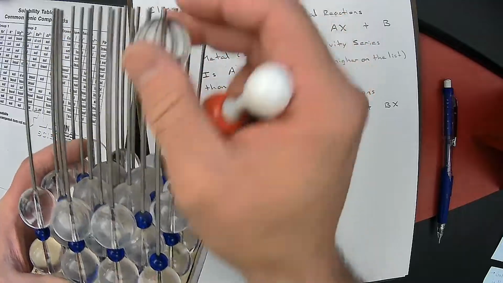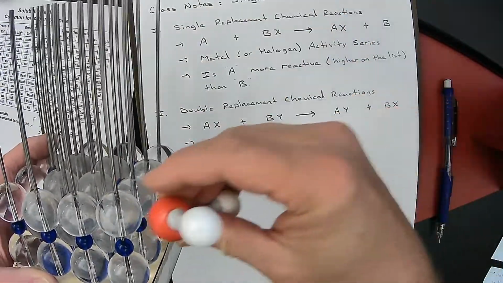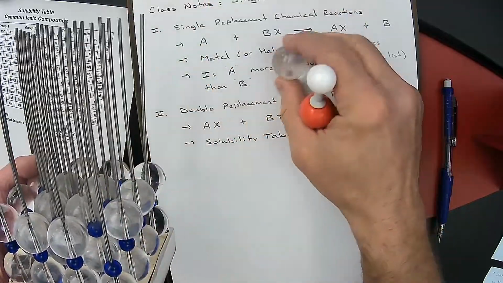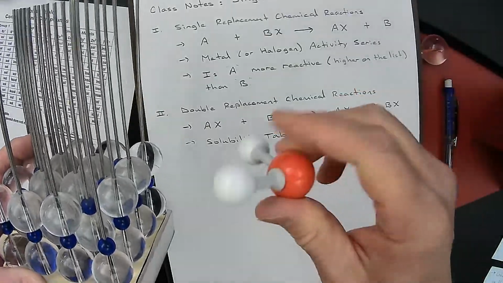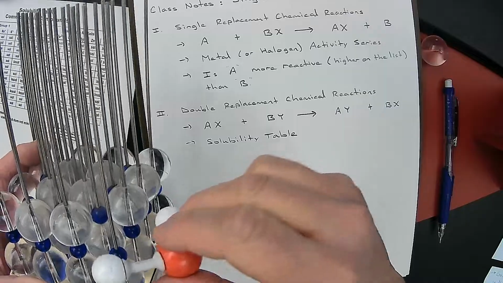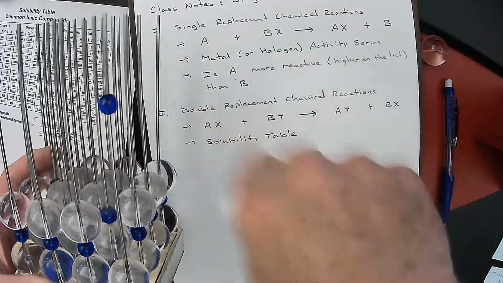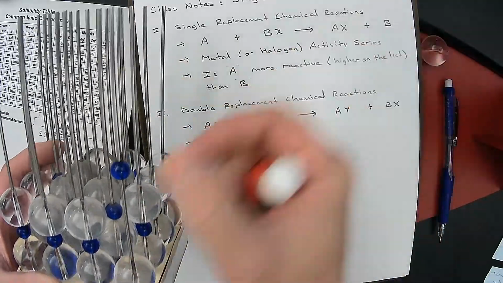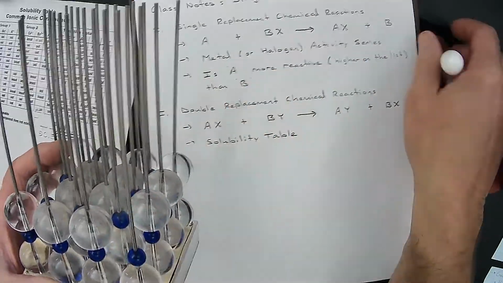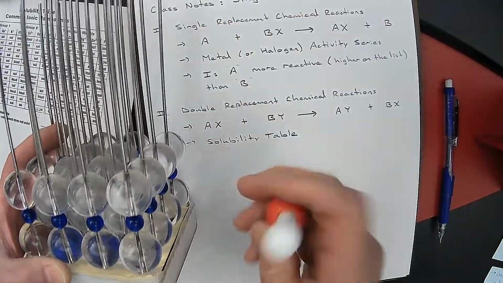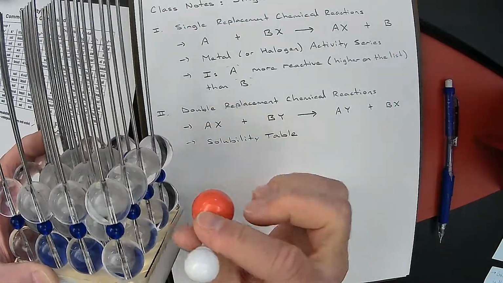The water is coming in, the negative side pulling on the positive ion, pulling it away. The positive side pulling on the negative ion, pulling it away. And while we're stirring with our spoon, it's getting pulled apart into its individual ions, and we say that it has dissolved. That's the dissolving process.